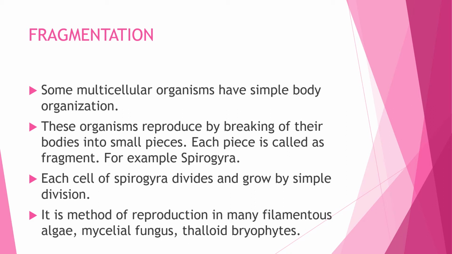This happens in Spirogyra, and such a method is called fragmentation. Not only in Spirogyra, this process of asexual reproduction can also be seen in some more algae, mycelial fungi, and thalloid bryophytes. So these are more examples.